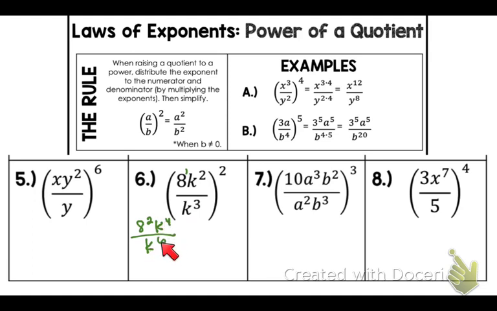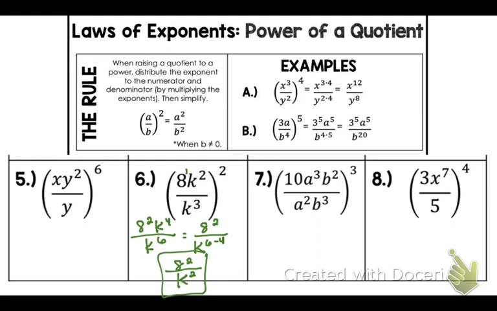Which one is bigger? The 6, which means that I'm going to keep it at the bottom. It's going to stay as my denominator. So I'm going to do 8 to the second power, and I basically have k to the 6 minus 4. So my final answer would be 8 to the second power divided by k to the second power.